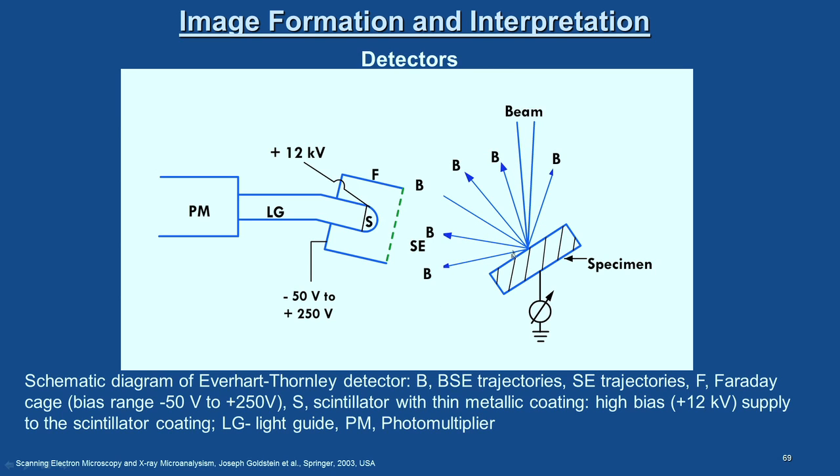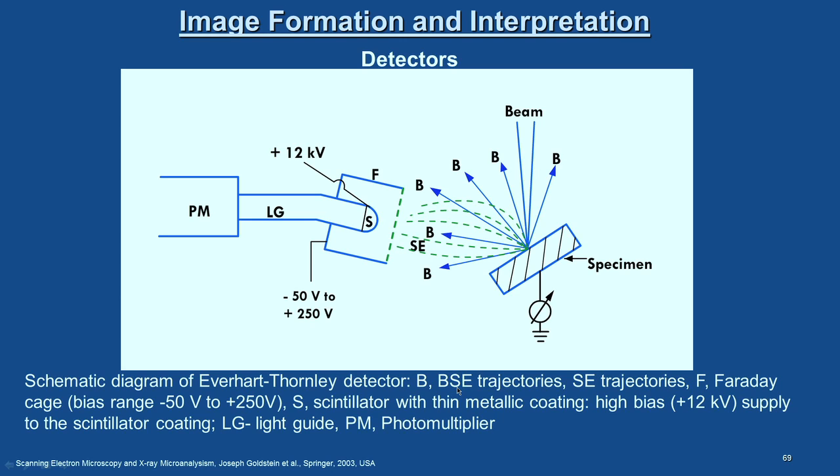What you see here is signals coming from the specimen. The solid lines are backscattered electrons, and the broken lines are secondary electrons coming from the specimen, as given in this image description.